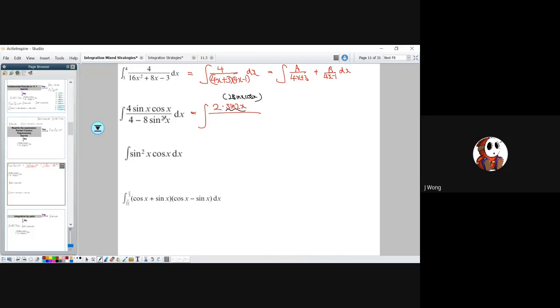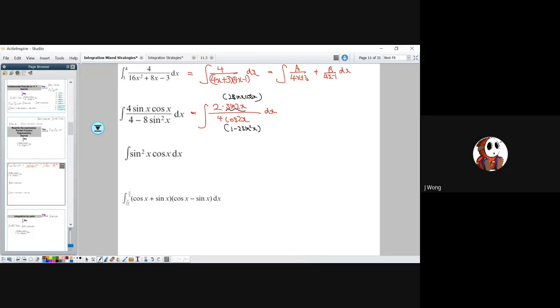And the bottom, you could either change sine squared of x using trigonometry, or you could change 4 minus 8 sine squared of x immediately into 4 cos of 2x, because cos of 2x, in terms of sine squared, is 1 minus 2 sine squared of x.